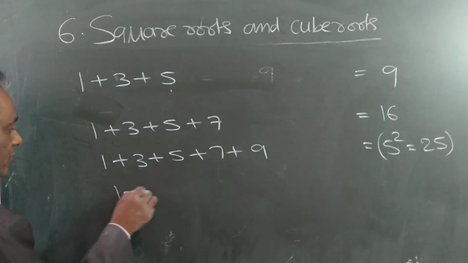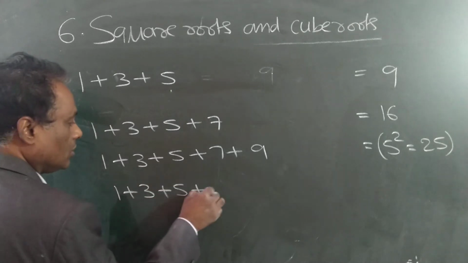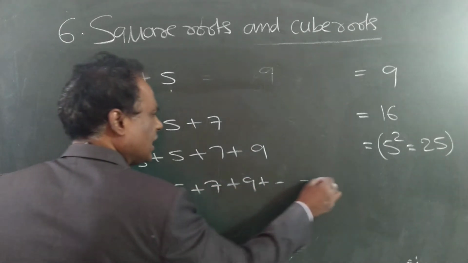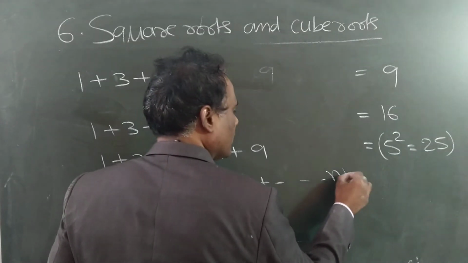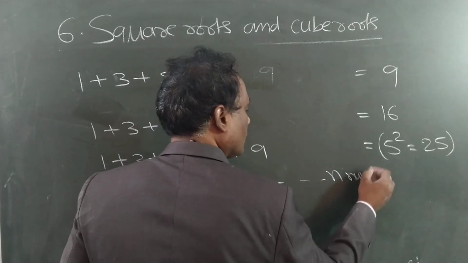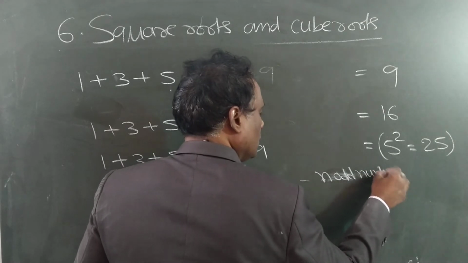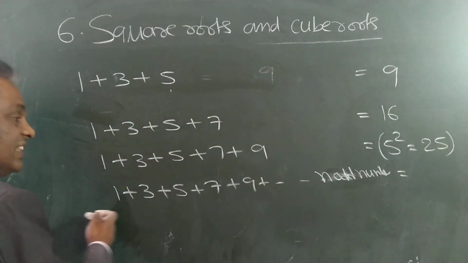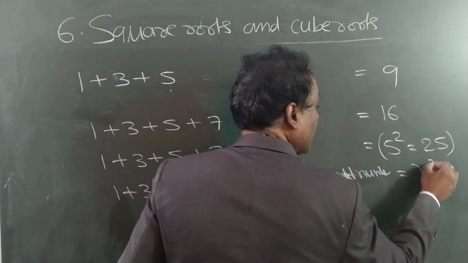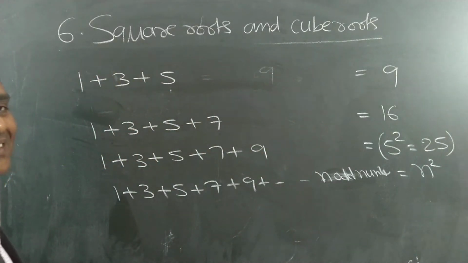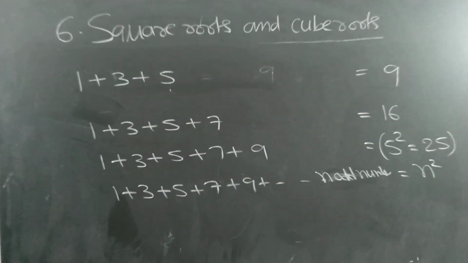That means the sum of all the odd numbers, any number of times, suppose n odd numbers. If you add n odd numbers, the answer is n square. Right.